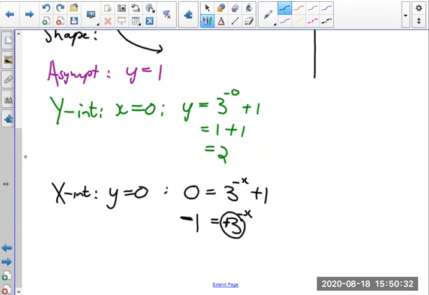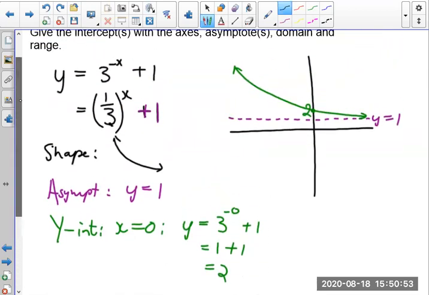No, that's not possible. So there is no solution for this equation, and therefore you know that there's no x-intercept. So if you didn't know and you wanted to calculate it, it's no problem. You would see that there's no solution and there's no x-intercept.